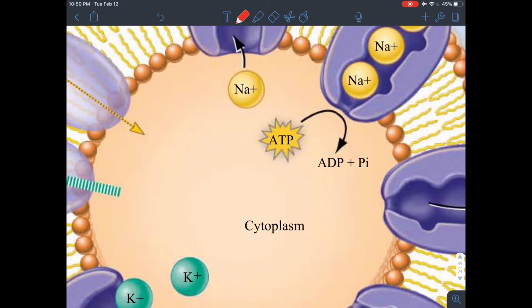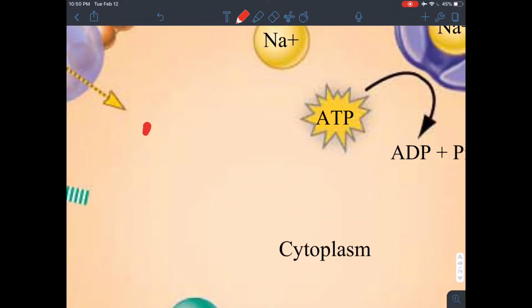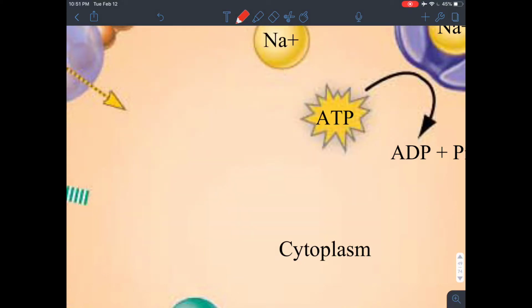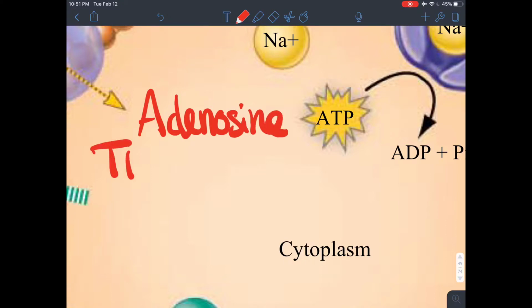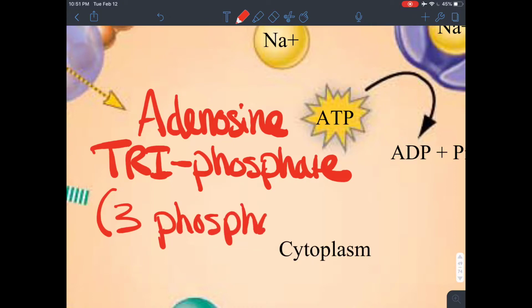And you remember I said that ATP stands for adenosine triphosphate, because there are three phosphates.